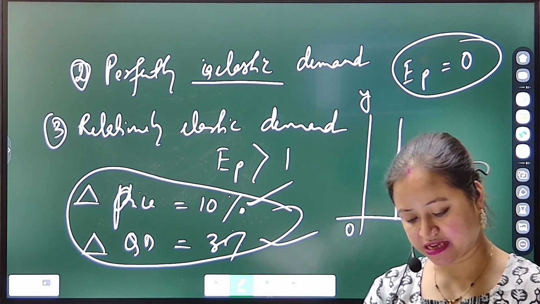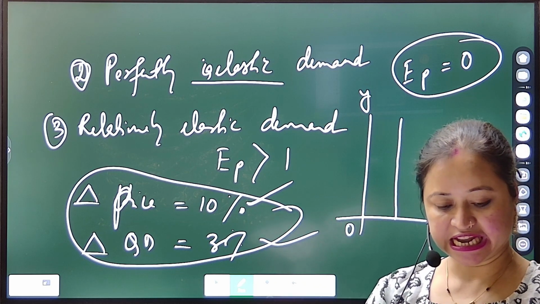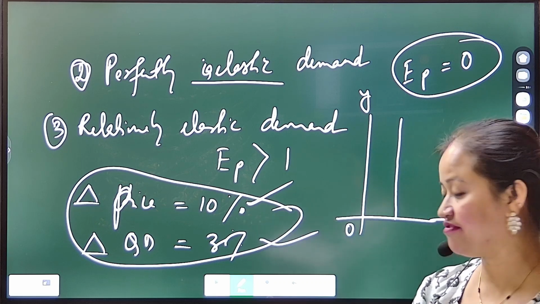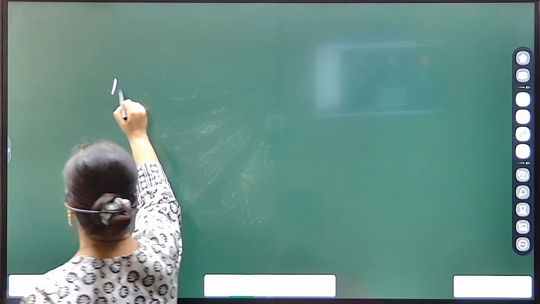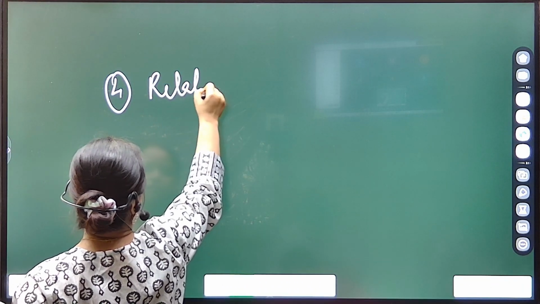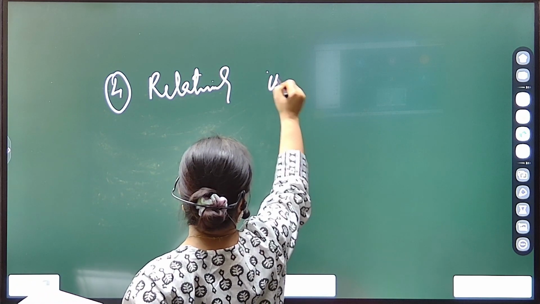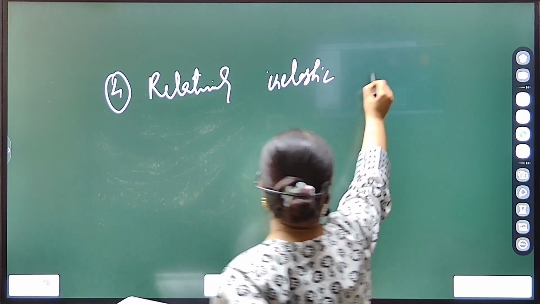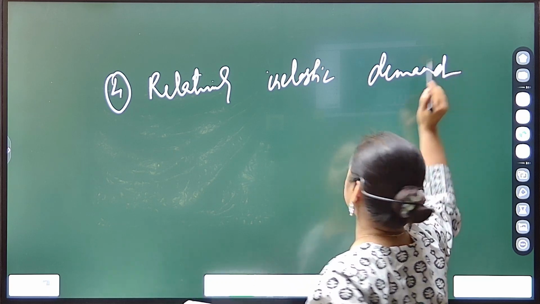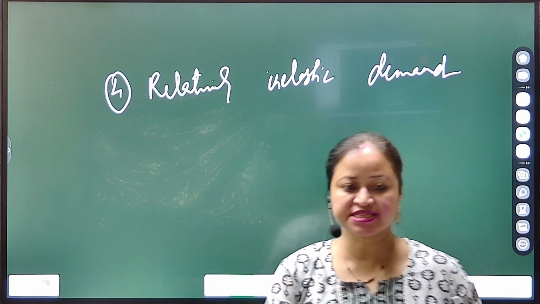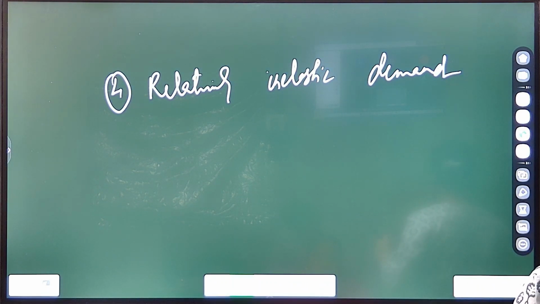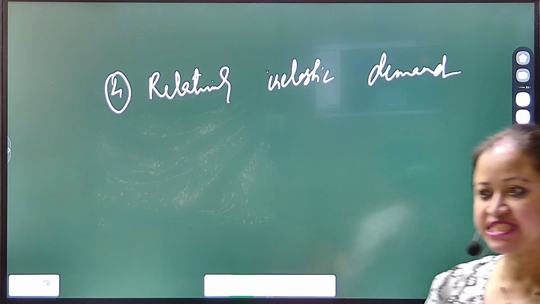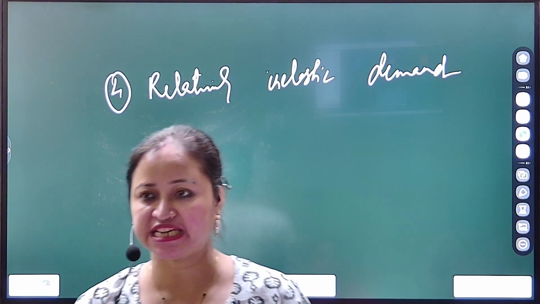Now next one is relatively inelastic demand. Number 4, relatively inelastic demand. The proportion by which the price has fallen, the demand has not increased by that proportion. Fine? So the proportionate change in price may be more, but the proportionate change in demand is less.